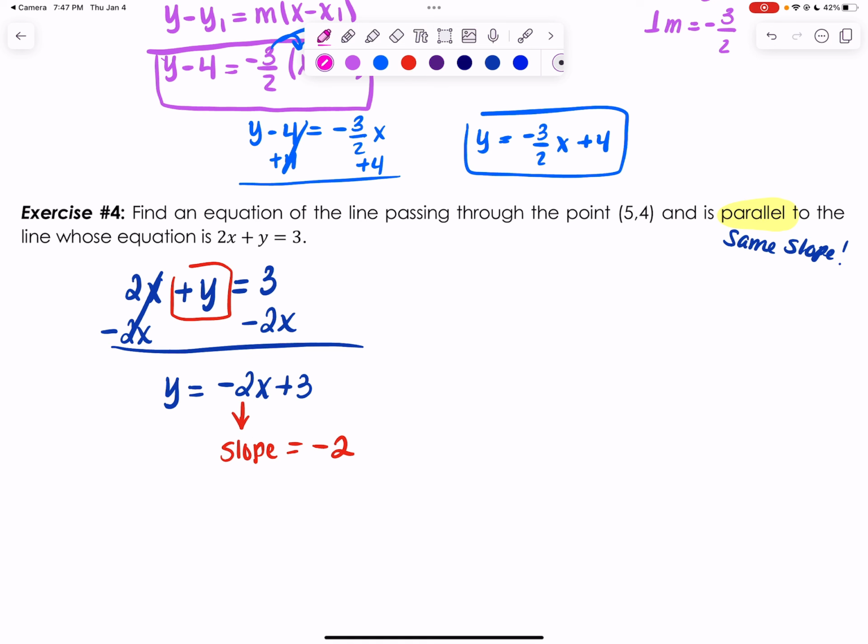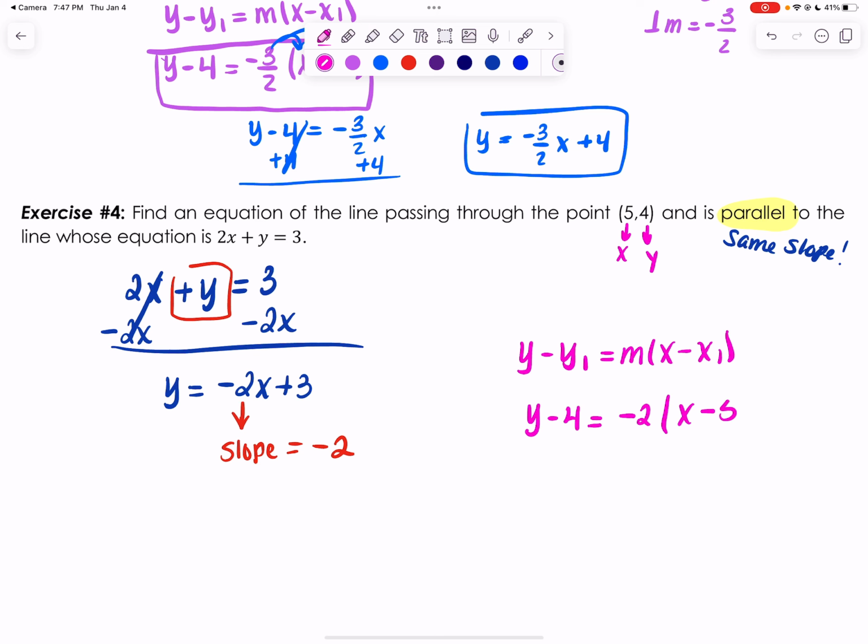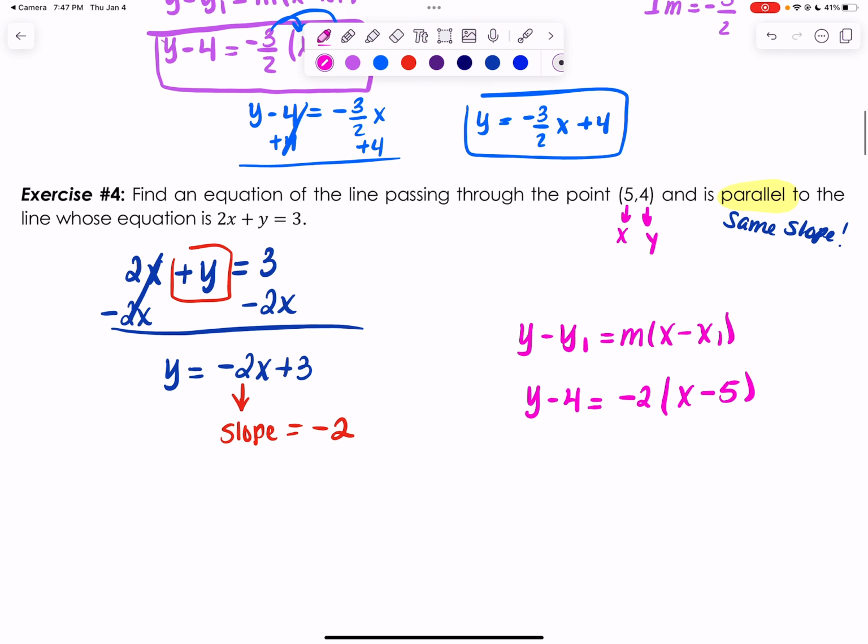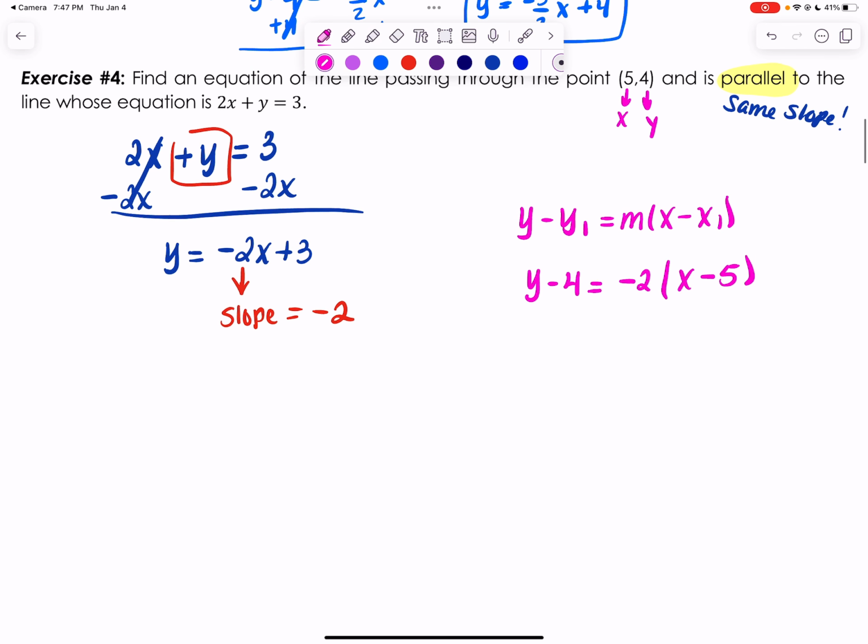So we go to our point slope, which is y minus y1 equals m times x minus x1. We fill in our blanks because we have a point that's 5, 4. So y minus 4 equals negative 2 times x minus 5. Now that's your final answer. You can leave it like this.